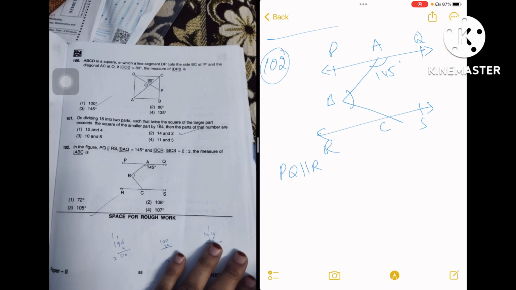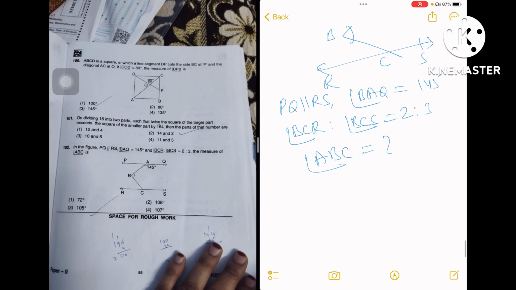PQ is parallel to RS. Angle BAQ is equal to 145 degrees. Angle BCR to BCS is equal to 2 is to 3. Measure of angle ABC is asked. The options are 72, 108, 105, 107.